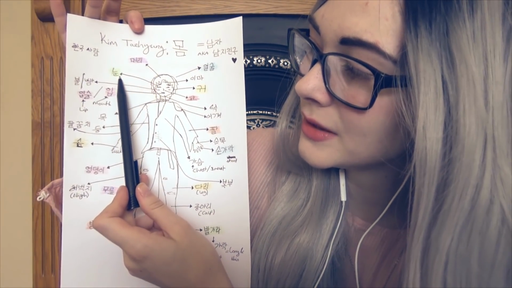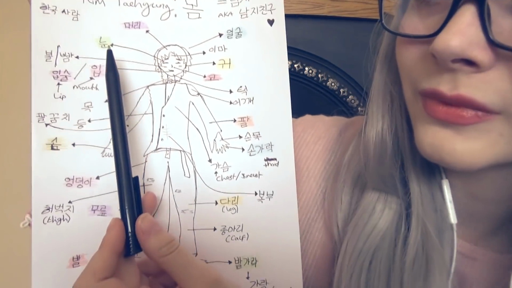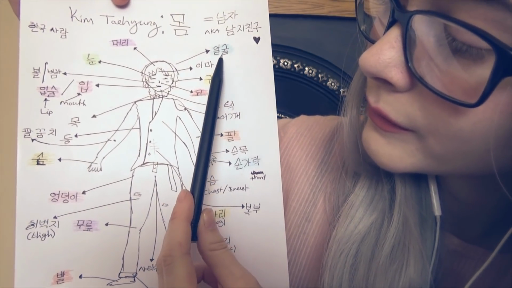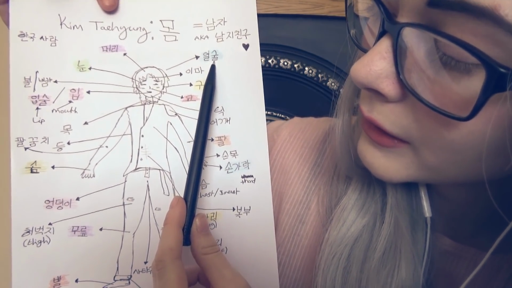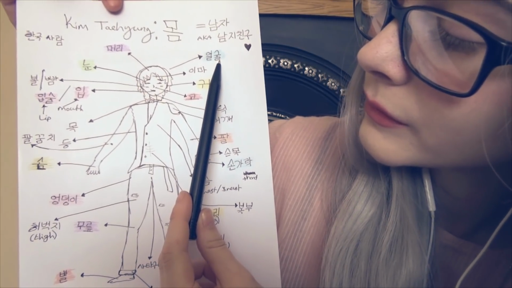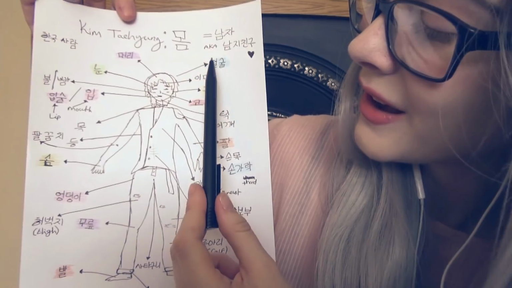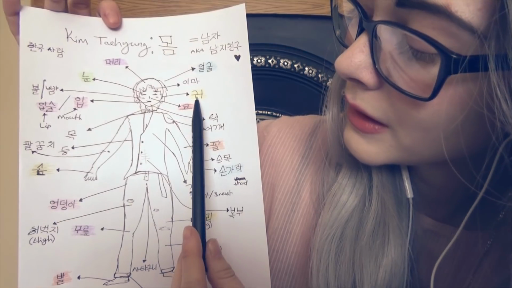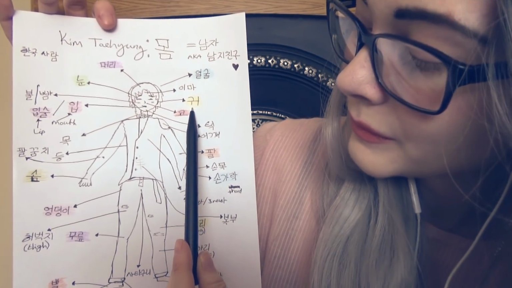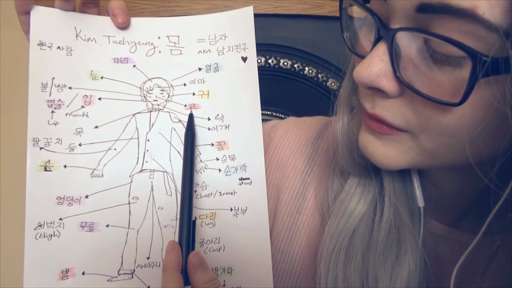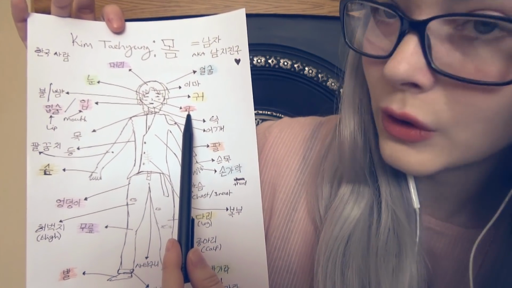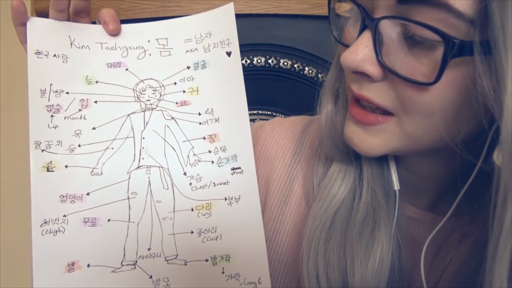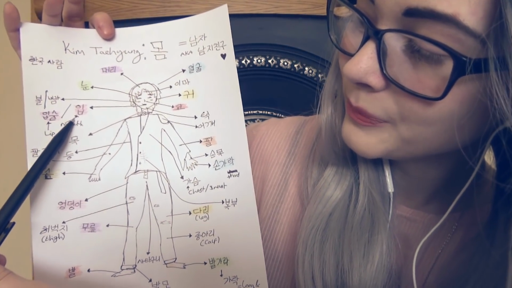Can you remember how to say this one? 눈, 얼굴, this one, 귀, 코, 머리, right, 입.